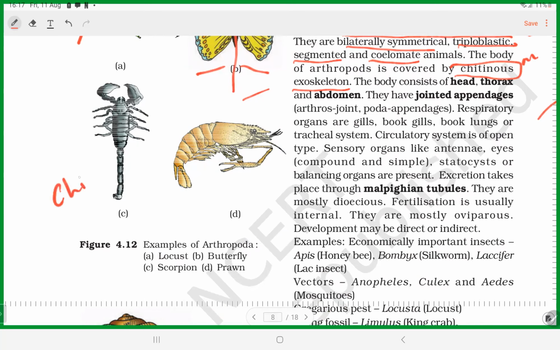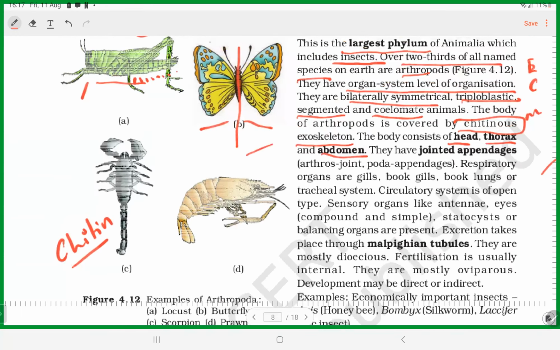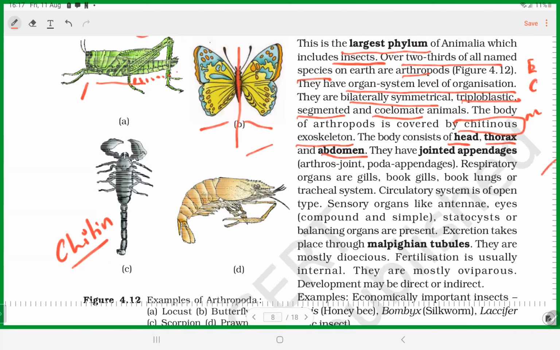Chitin is the polymer which makes the exoskeleton of insects. And look at the body, how there are three different segments: head, thorax, and abdomen. So that's the defining characteristic they have.